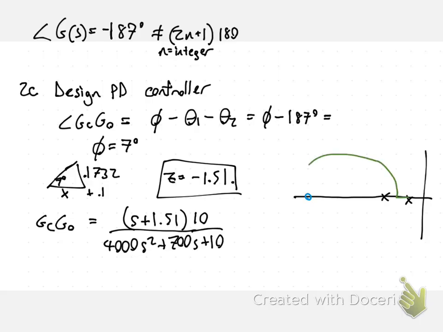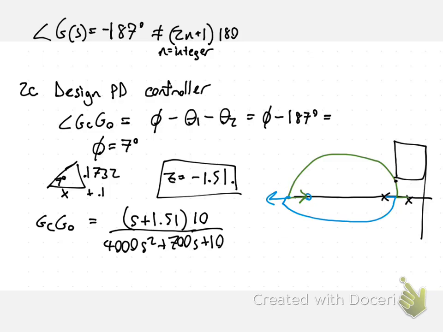And so we'd have one pole that goes to our 0 and another pole that goes to negative infinity. And we can either find our exact point by using the magnitude criterion if we wanted, or we could just click on a point on our root locus and find something that would work.